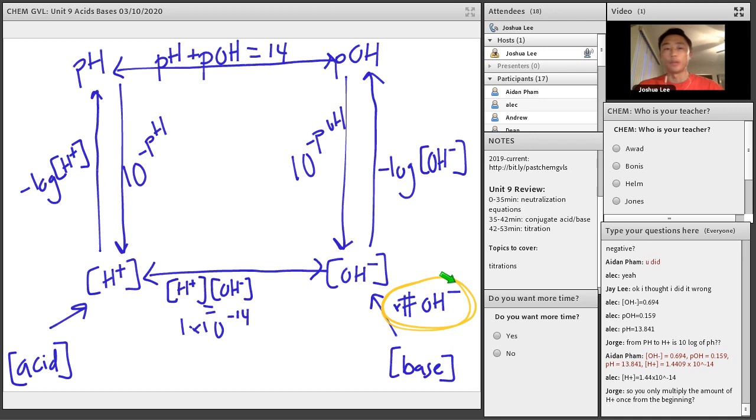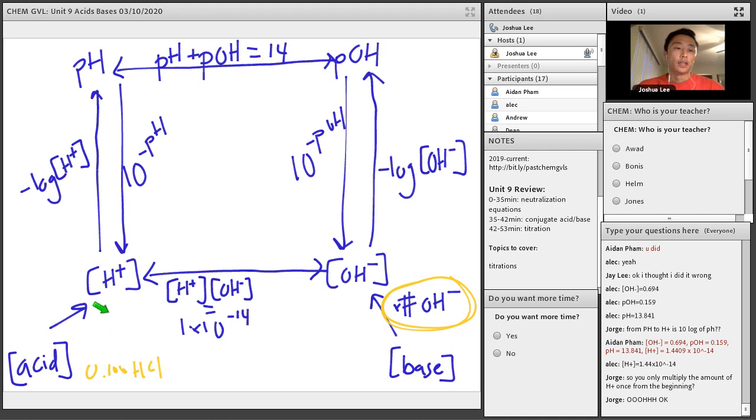Every other time you don't really have to worry about it. For acids, if you were given a concentration of 0.100 HCl, you could put that directly into the H plus, and that would be 0.100 molar for H plus. So the only time you have to worry about multiplying is for bases. That's it.